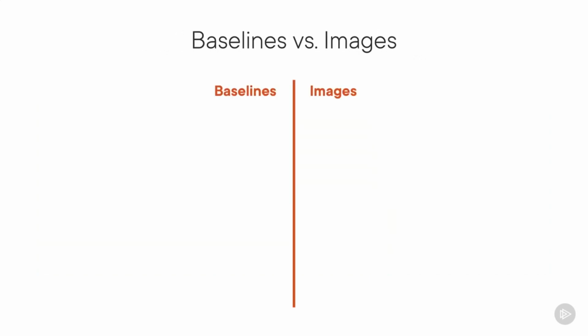So if we compare the difference between baselines that came from vSphere Update Manager and images that are new in vSphere Lifecycle Manager, a baseline is really defined as a collection of different bulletins, as vSphere calls it. A baseline works by applying updates, and there's no guarantee that exactly what you specified will always be in place, unless you do a periodic remediation.